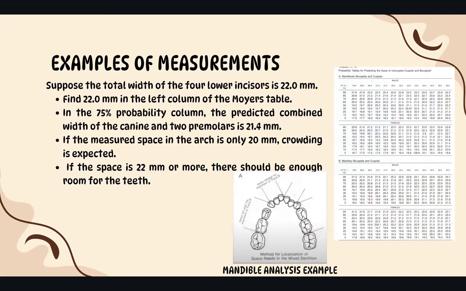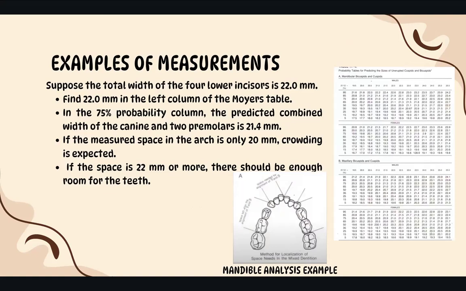By then looking down the column to the 75% probability level, they might find a predicted combined width for the canines and premolars of 21.4 millimeters. If after measuring the child's actual inner arch, the available space is only 20 millimeters, this discrepancy indicates that crowding is likely to occur.